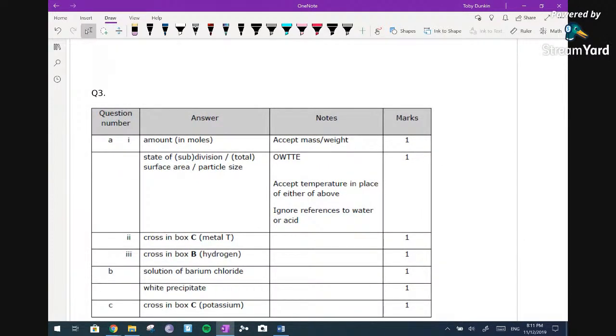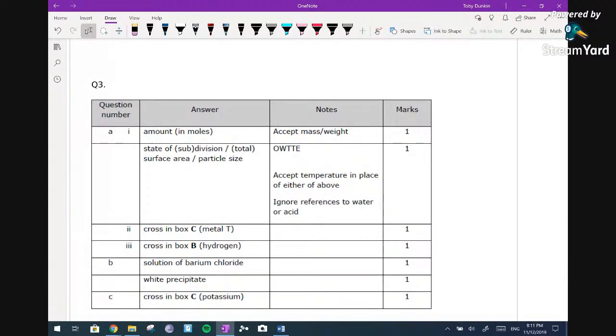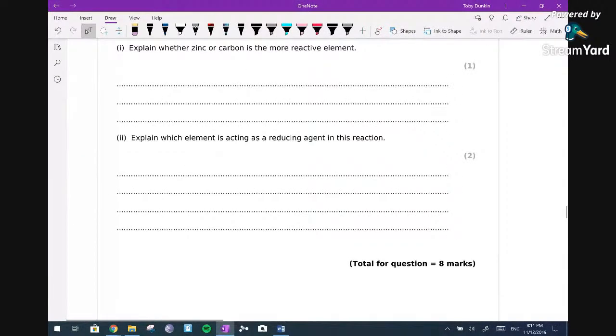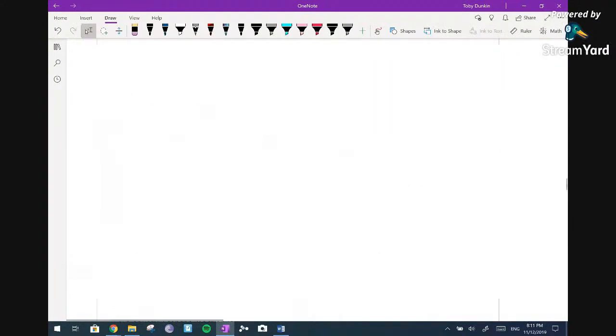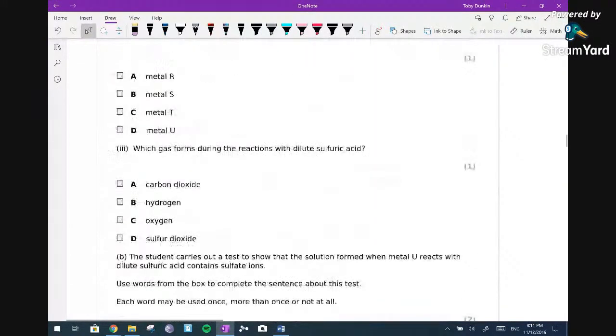Note, accept mass or weight. So they actually allowed it. State of substance, total surface area, particle size. So there we go. So those are our things we give them the same. It's nice to always go straight to a mark scheme and check that we're getting it right. Reinforcement of information, of good data.